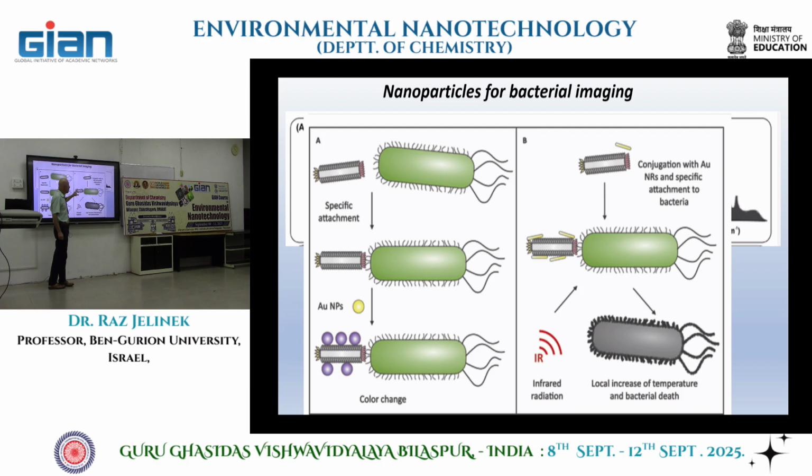On the right, we attach rod-like gold nanoparticles. Now, why is it important? Because with certain shapes of gold nanoparticles, and actually other types of nanoparticles, we can irradiate with infrared light. And when you have rod-shaped gold nanoparticles, they absorb the infrared light.